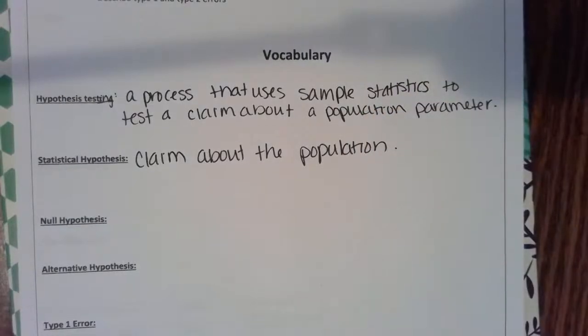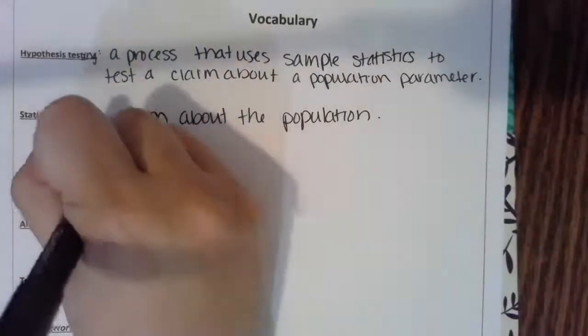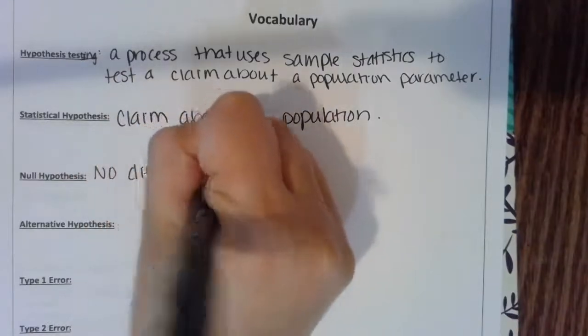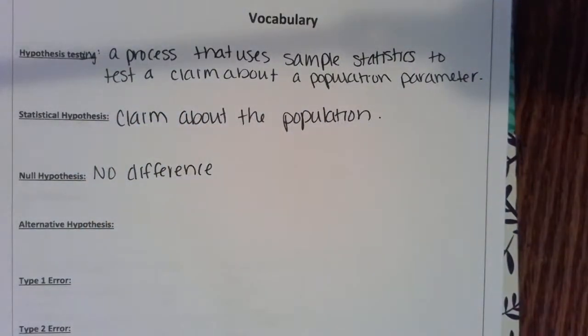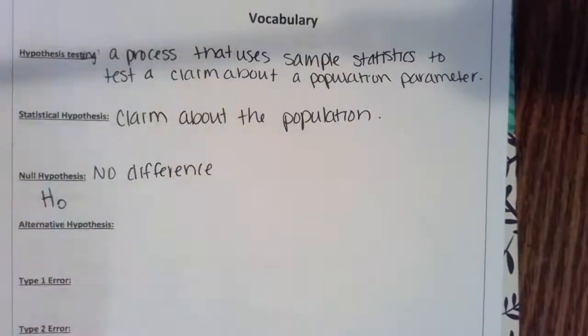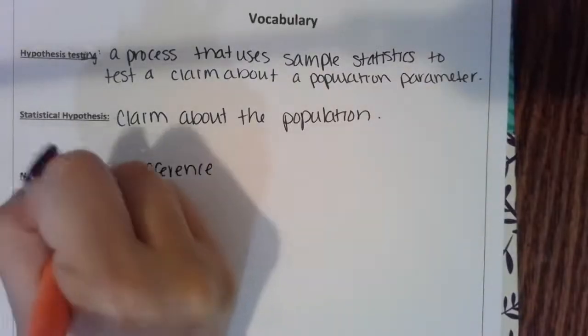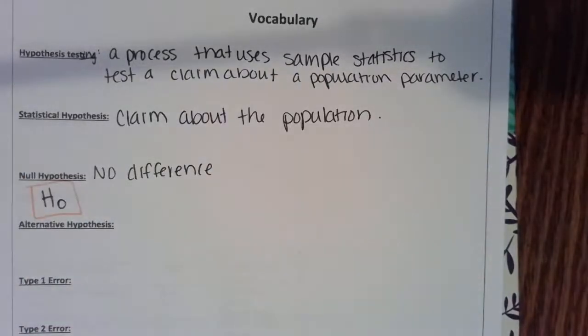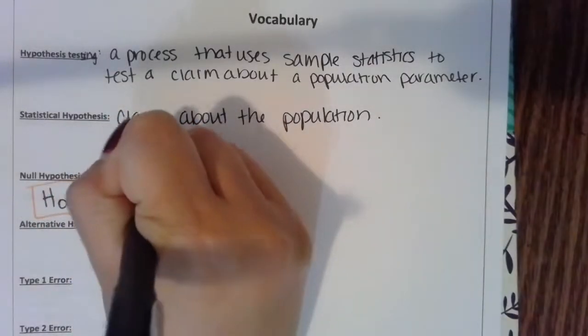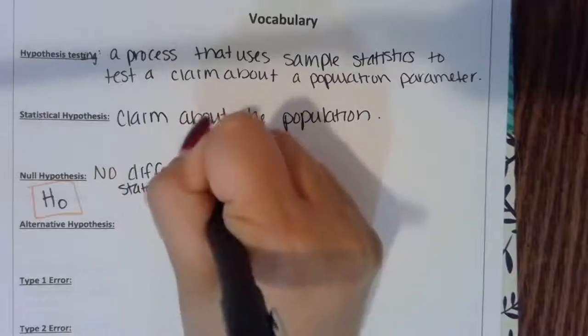Okay, we have our null hypothesis, which is a no difference. The null hypothesis, we will describe and talk about as H0. This is our null hypothesis. There's no difference. It has a statement of equality.